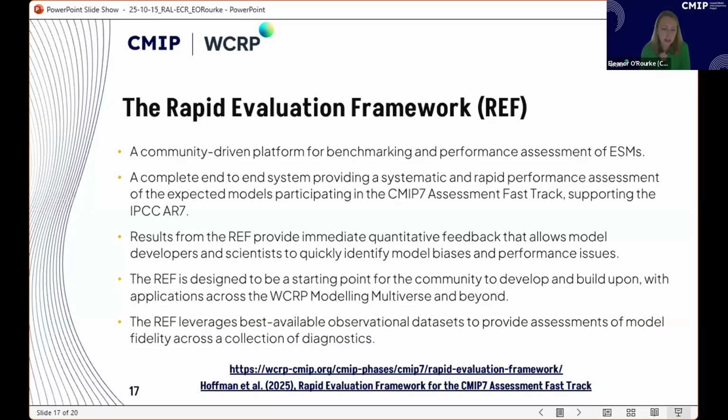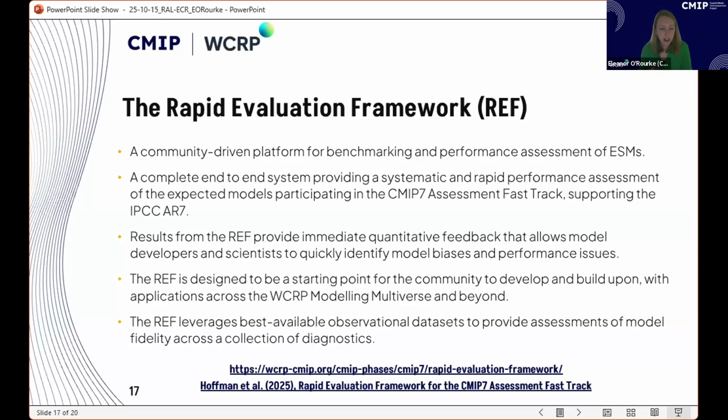This was seen as a need for groups like the IPCC author teams, who we all know are always up against deadlines. Some of our scientists had said it would be really useful to have quick graphs where they can look at the information in a snapshot and then delve into the analysis.